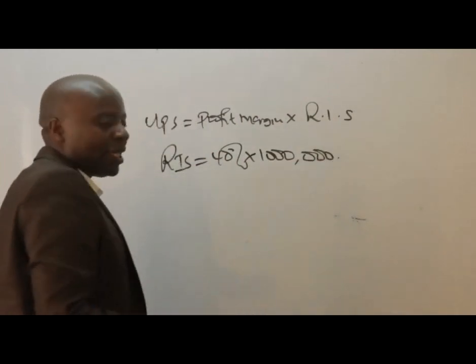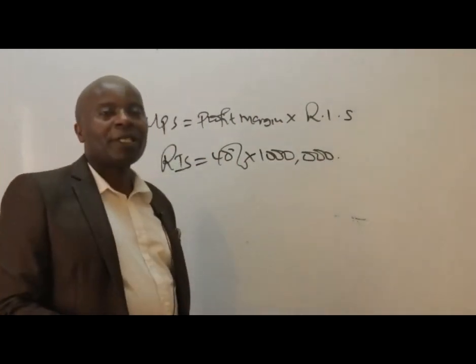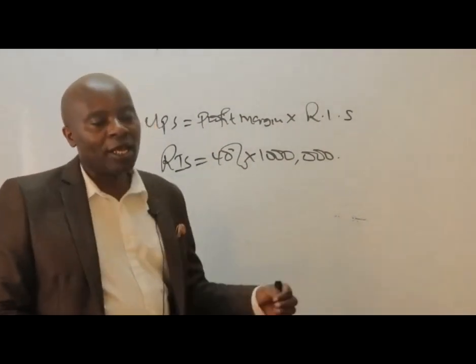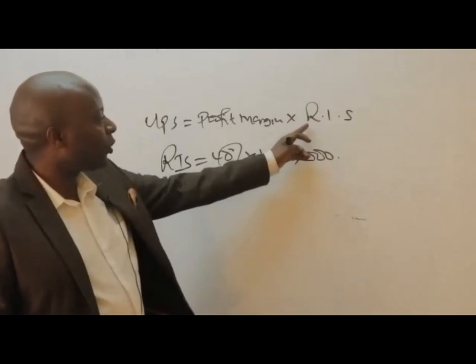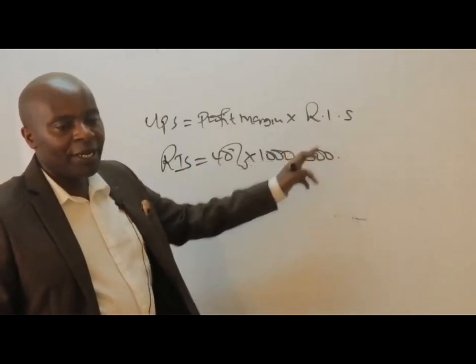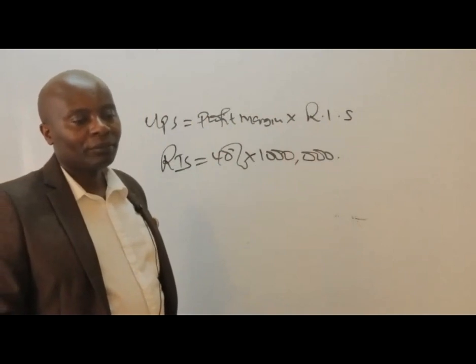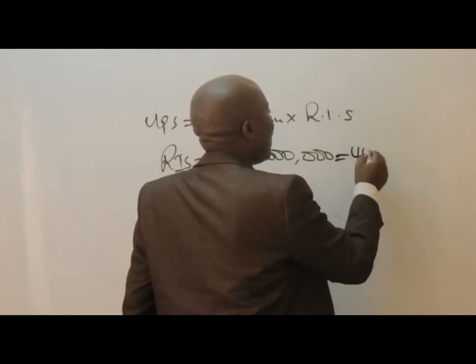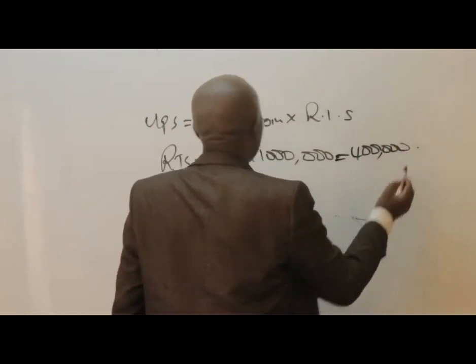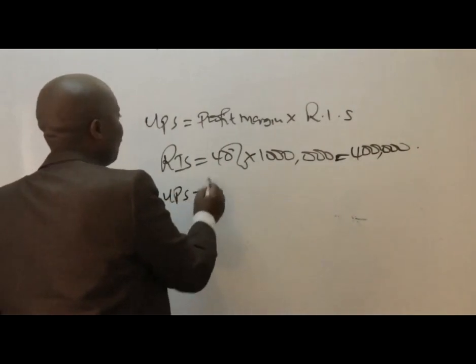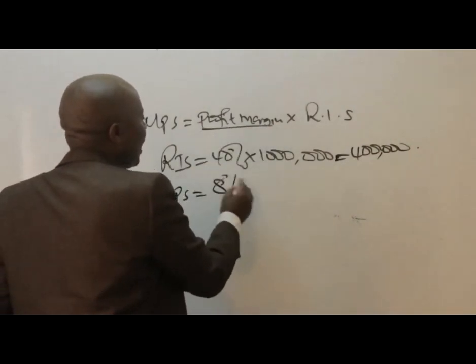Remember, company B had already sold 60%, so they were left with 40%. It's about remaining. 40% of a million will give me 400,000.